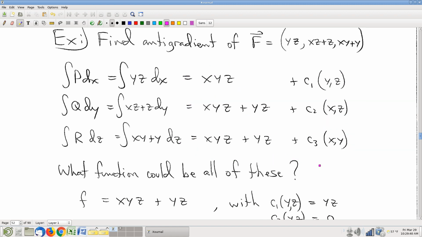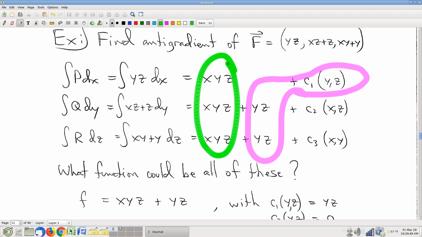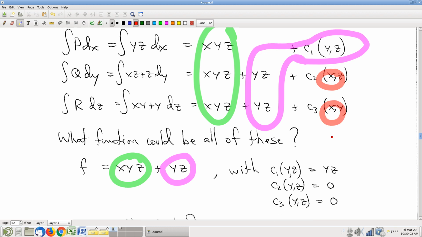Just let this function here be yz. And then notice that all three of these are xyz plus yz. Everybody's happy, everybody wins. And then you just make these 0. So, in fact, there is a function that is all of these antipartials. And therefore there is a function that is the antigradient we're looking for.